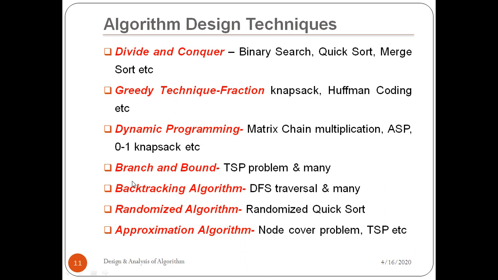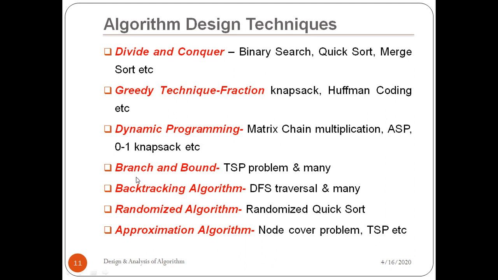So now the next method is the branch and bound method. In this method, there are some algorithms which cannot be bounded, right? So what we can do is divide them into subproblems so that the individual subproblems can be bounded together.